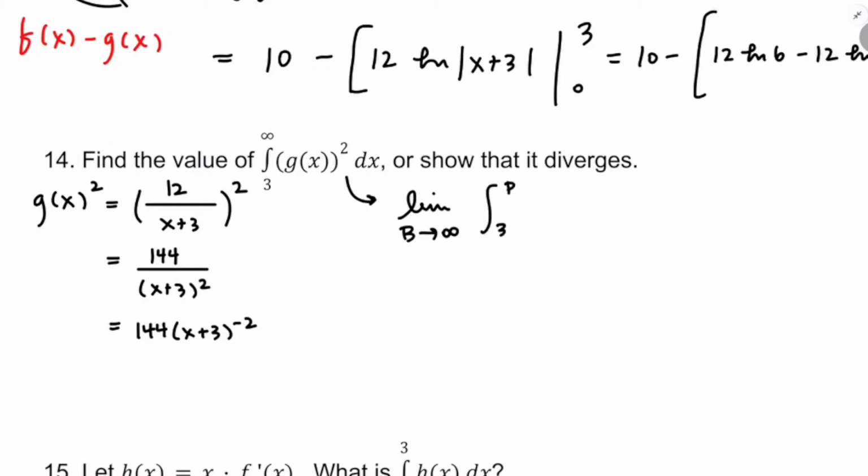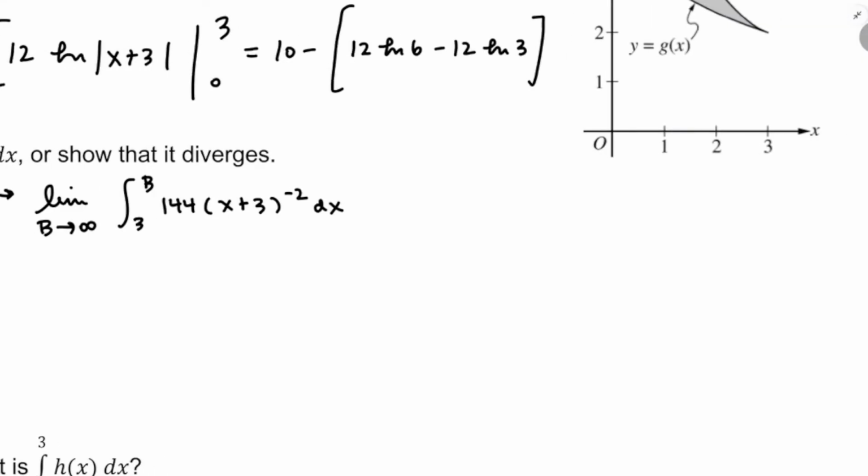integral from 3 to b of g of x squared, which was 144 times x plus 3 to the negative 2. I'm just going to go over here and do my antiderivative work.